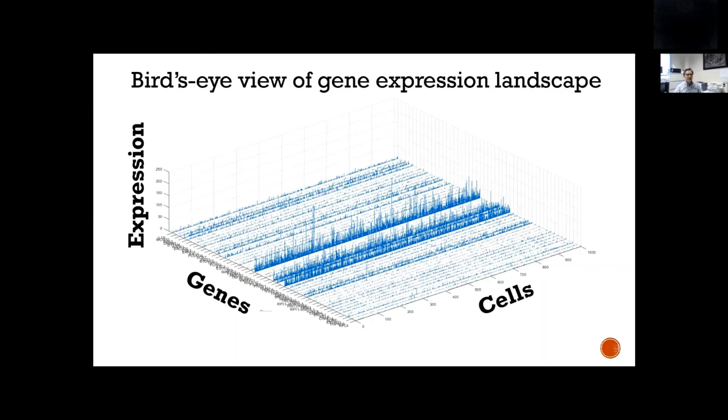Okay, so this is a slightly different view, but it also gives you an impression of the variability of different genes among cells. This axis is 1,000 cells, and these are the selected genes. Each row is this gene's expression across these 1,000 cells, and the z-axis is expression level.